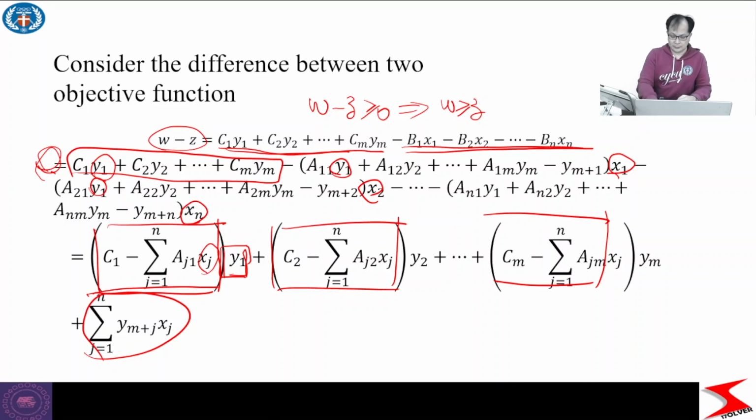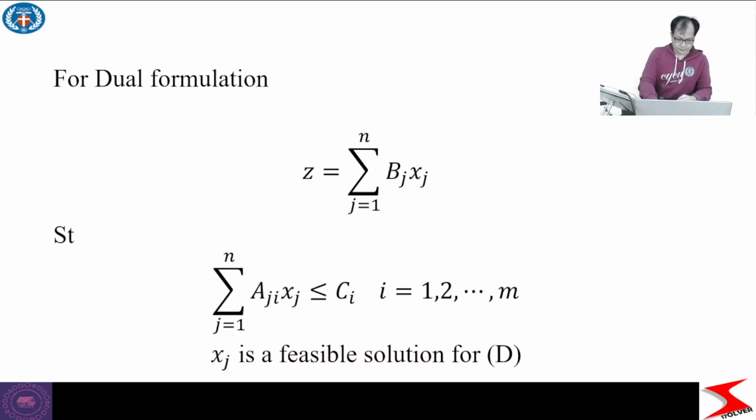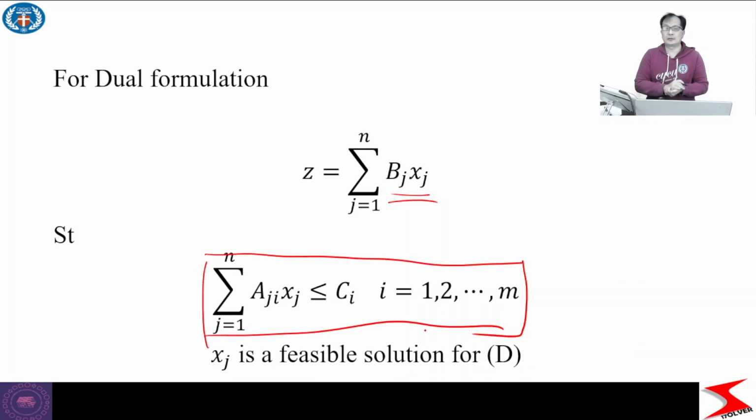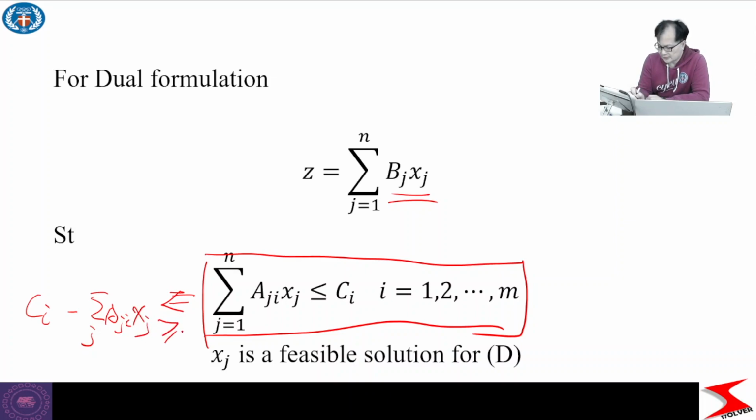Now for the dual formulation, here we have the primal formulation. This one is our dual formulation, z equals the summation of bj xj, and the standard form of the constraint is here. So we can move terms so that ci minus the summation of aji xj is larger than or equal to 0, right?